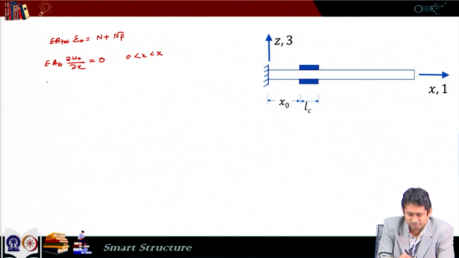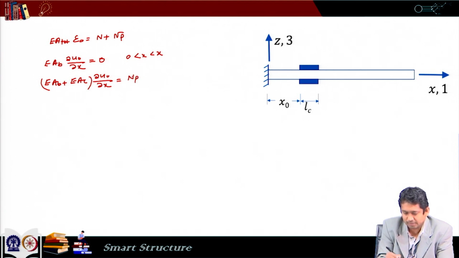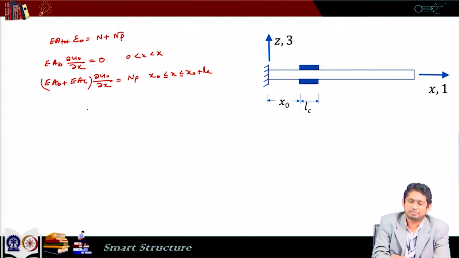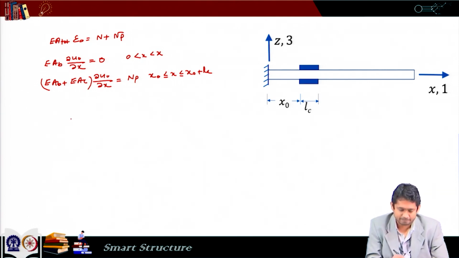Now, in the piezo zone we can say EAB plus EAC, del U0 by del x, is equal to NP, and here we have x between x0 and x0 plus LC.